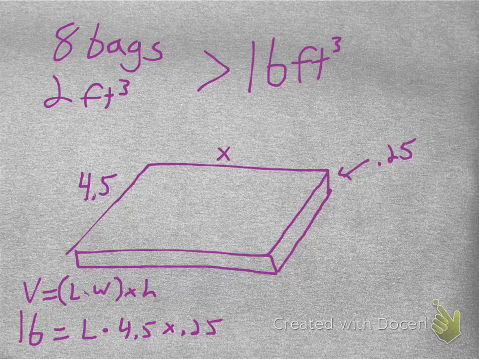So, we can go ahead and multiply 4.5 and 0.25. Which is the same as doing what? The same as dividing by 4. So you get 1.125.